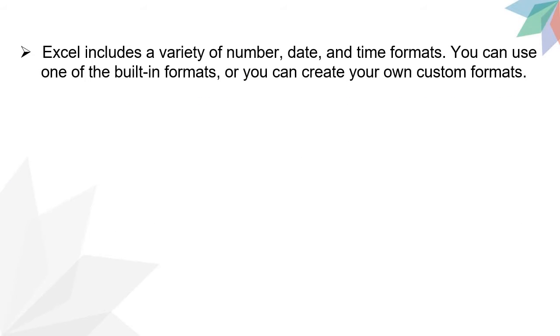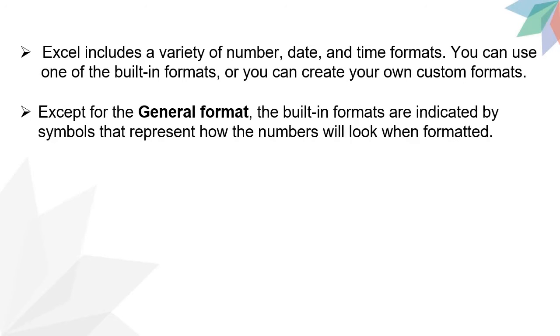Excel includes a variety of number, date and time formats. You can use one of the built-in formats or you can create your own custom formats. Except for the general format, the built-in formats are indicated by symbols that represent how the numbers will look when formatted.